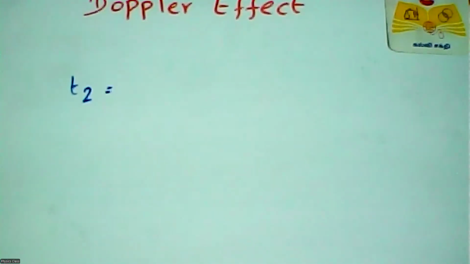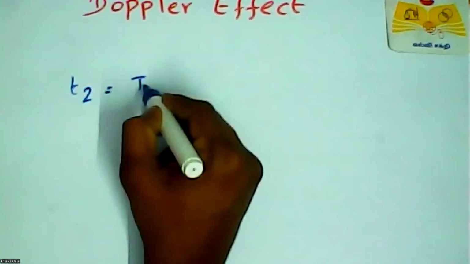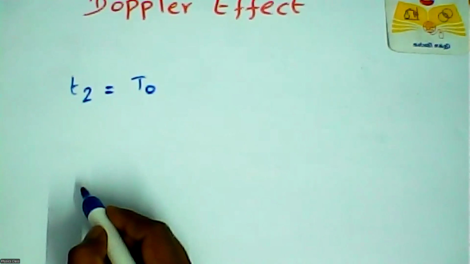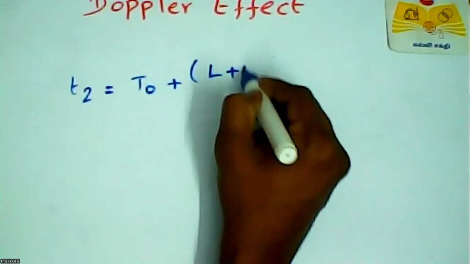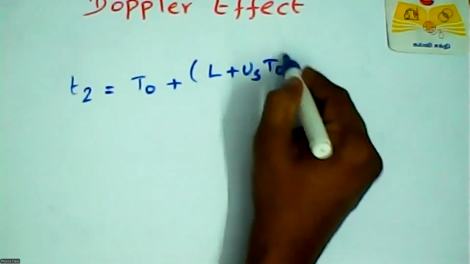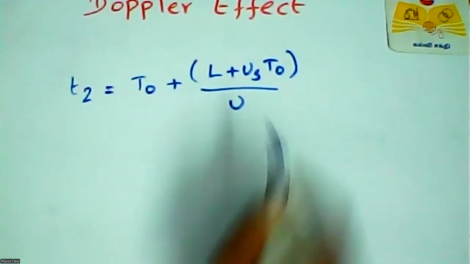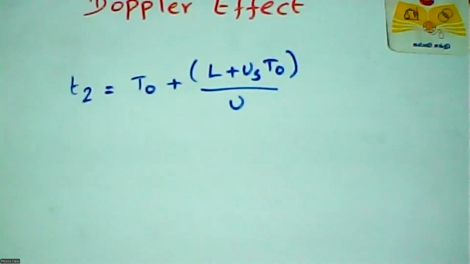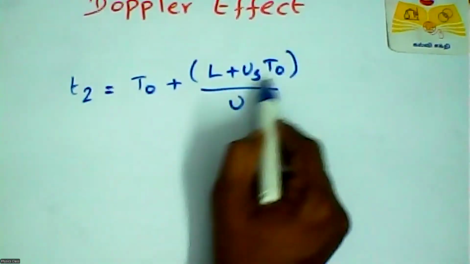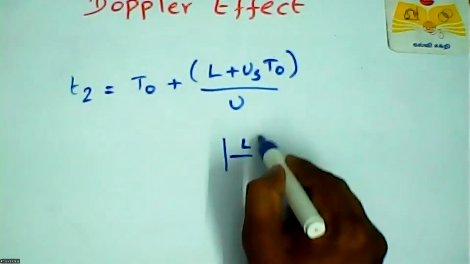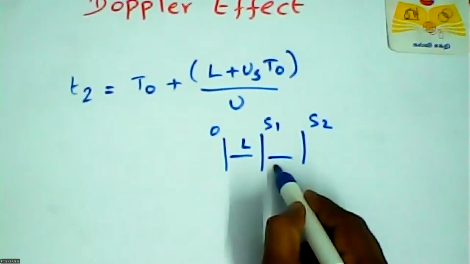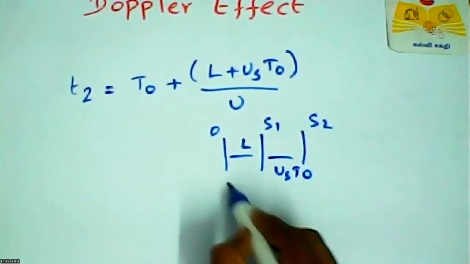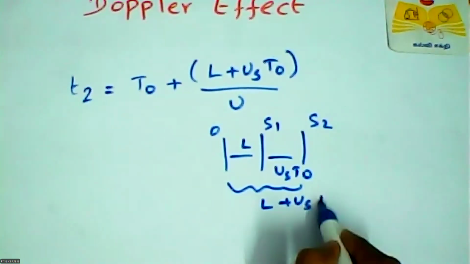So first of all, you have to add that first time T naught, and then add L plus Vs T naught by V. This is also time, because this is the distance: L, S1, observer, S2. So this is Vs T naught, and the total means L plus Vs T naught.